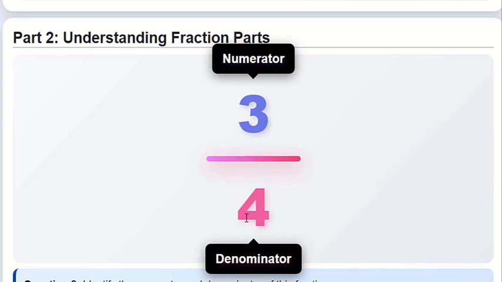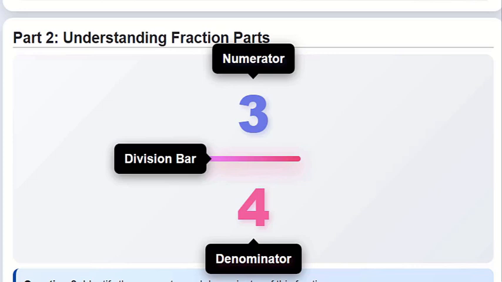In this case, 4 is our denominator. And then this bar here is called the division bar. So the number in the upper part is the numerator, this one is the division bar, and this one at the lower side is the denominator. So now we know the parts of a fraction.